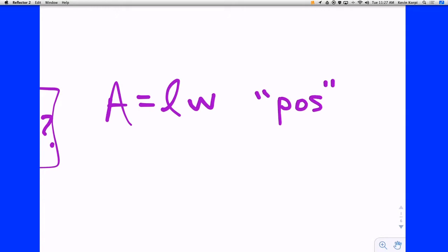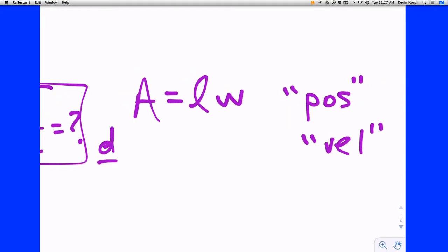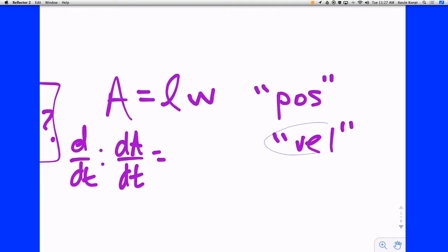We want the rate equation, which is our quote-unquote velocity. I want to know how fast the area is going, right? So we're going to take the derivative next with respect to time, always. So what does the left side become? dA/dt, right? And over here I get to use, my favorite, the what rule?